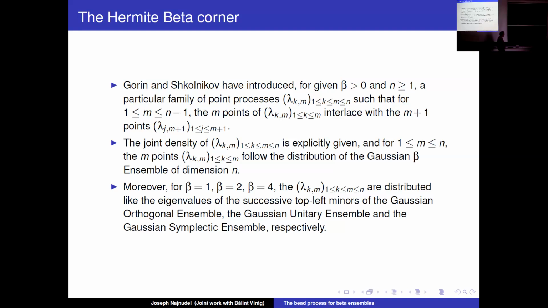So we have this GUE matrix, and then we take the minors here, and we look at the eigenvalues, and the joint distribution of all eigenvalues of all minors corresponds to what is introduced by Gorin and Shkolnikov for beta equals 2 for the GUE, and for GOE, it's 1 and 4 for GSE.